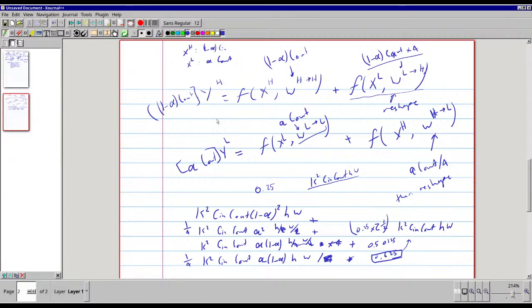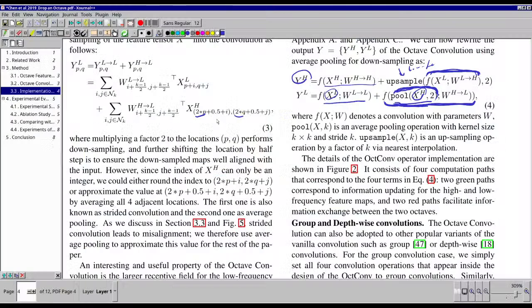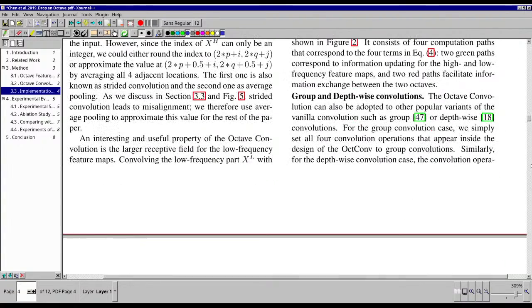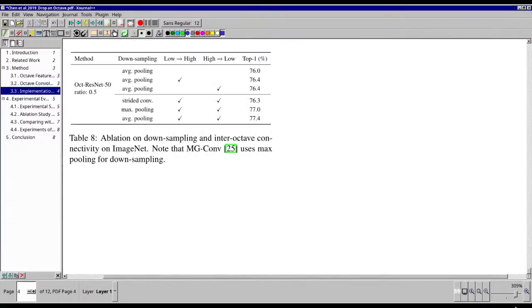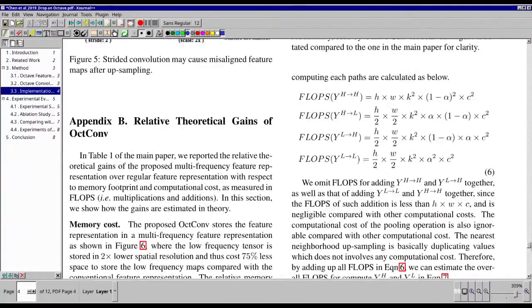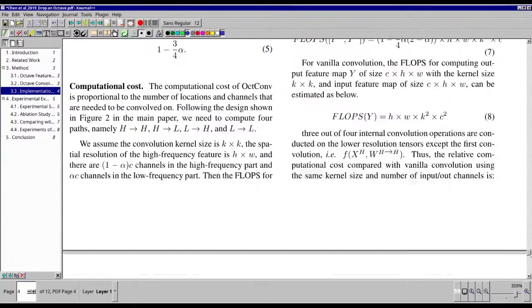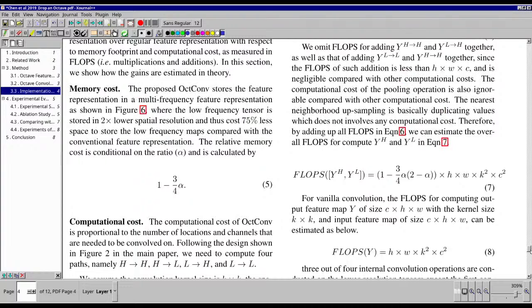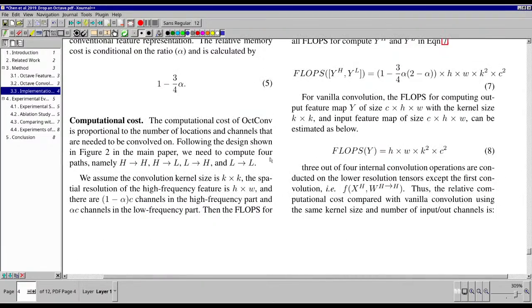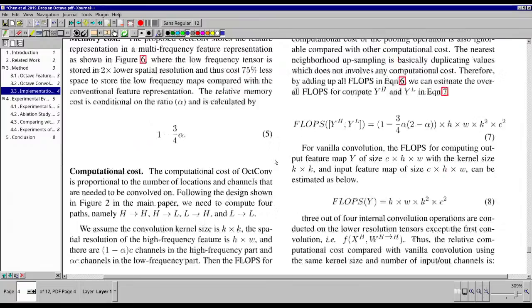So this is my design. In their design, what did their calculation come out to be? Computational cost.